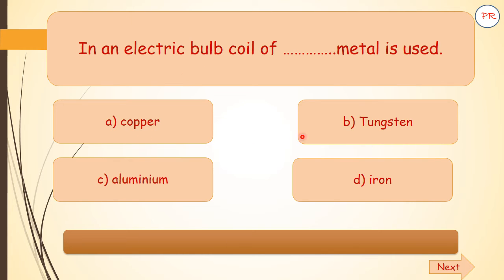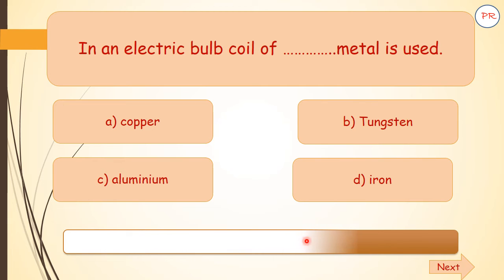A. copper, B. tungsten, C. aluminium, D. iron. And the correct answer is B. tungsten. Do not make the mistake of writing copper, aluminium or iron. Remember, it is tungsten wire which is used inside the electric bulb for making the coil.